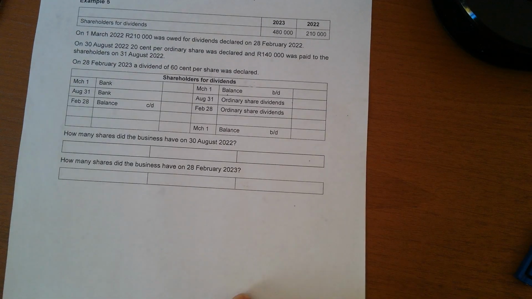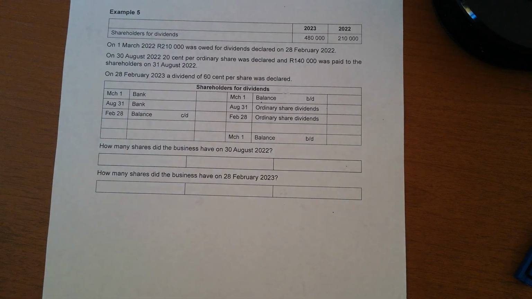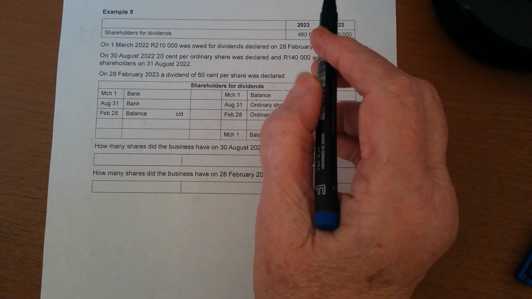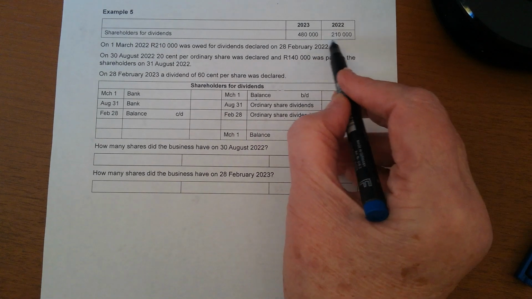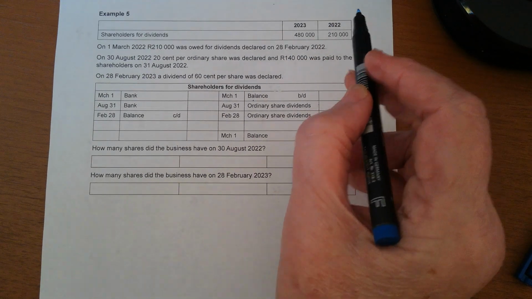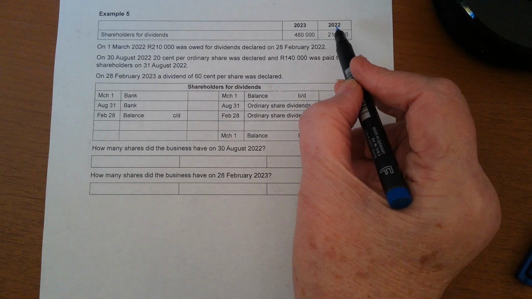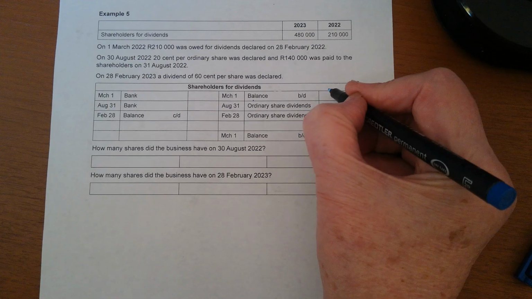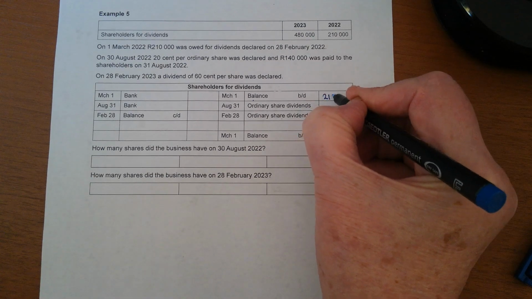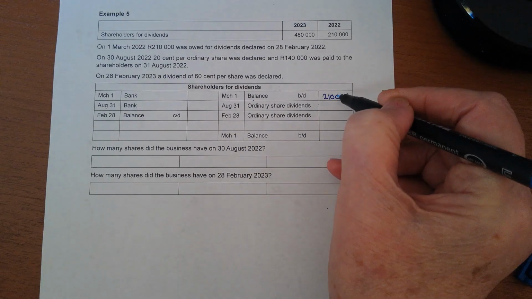If we look at example 5, here they don't give me the number of shares. They tell me how much money we owe the shareholders at the end of 2022 and then at the end of 2023. Now in 2022, the outstanding amount was 210, so it means we started with a balance of 210,000.